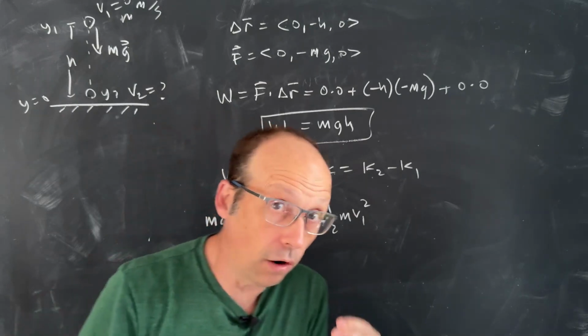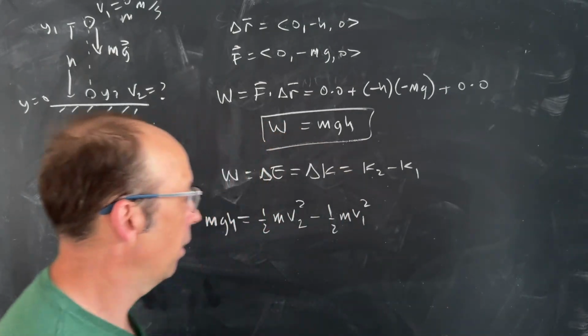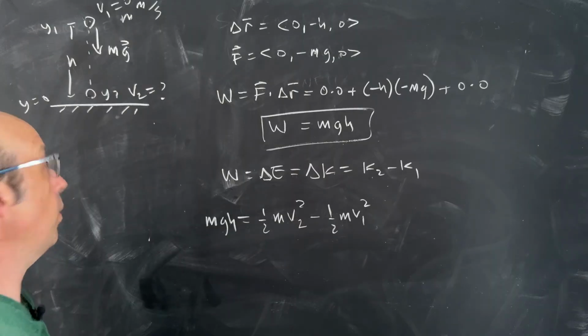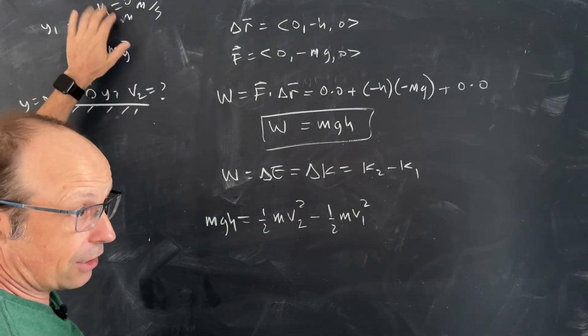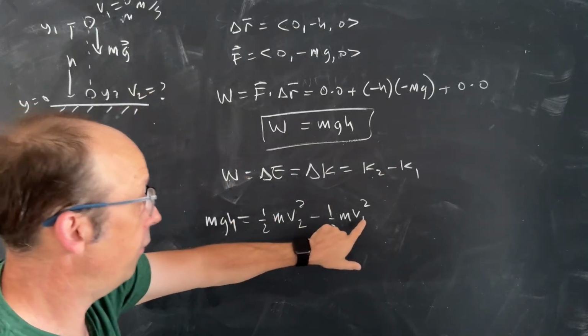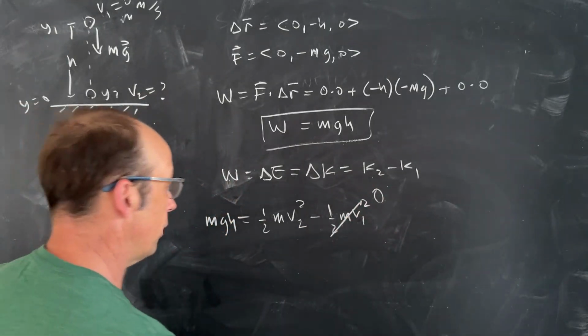I want to solve for the final velocity v2. Well, I know the initial velocity was 0. So if v1 is 0, then that's gone. So now I just have this.